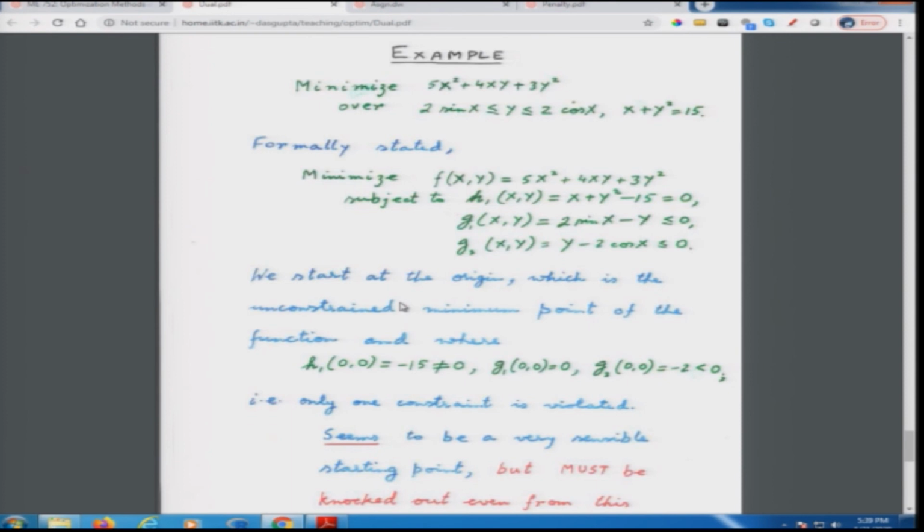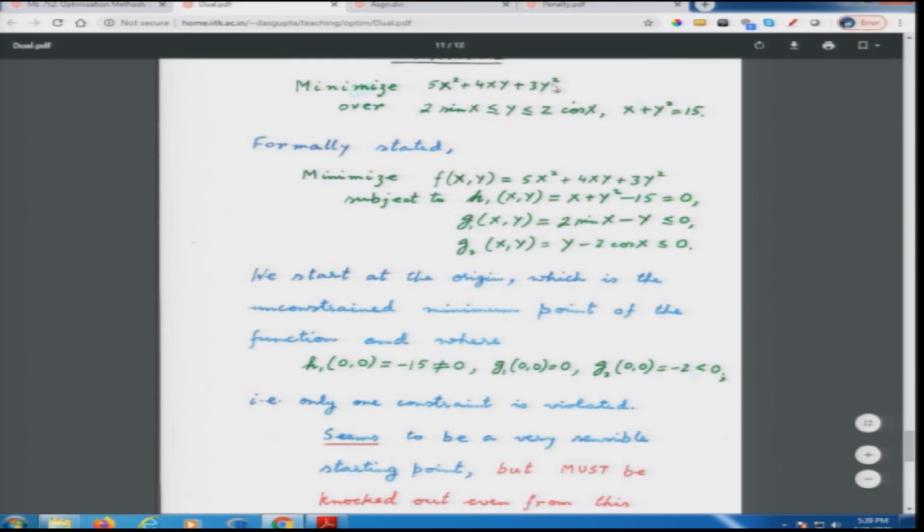So, we started at the origin because we did not know any better point, which is the unconstrained minimum point of the actual function. This is certainly 0 at origin, and this is a positive definite function, so it will never be negative.